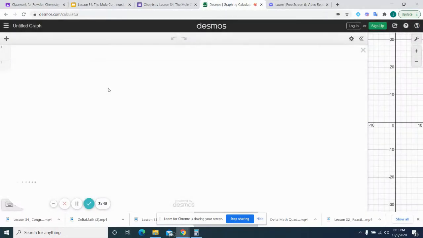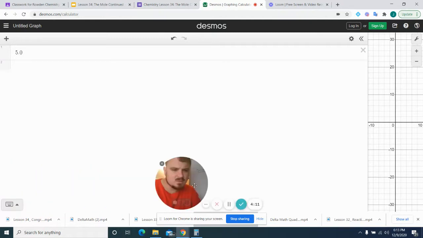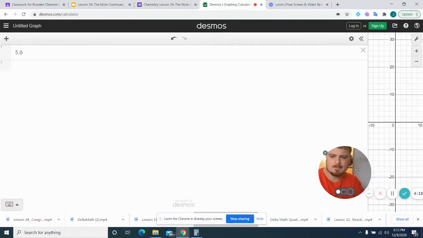I'm going to slide it over so I can access it a bit better. So we have 5.0. Let's open up the little calculator thing so we can slide this over. Okay, there it is.